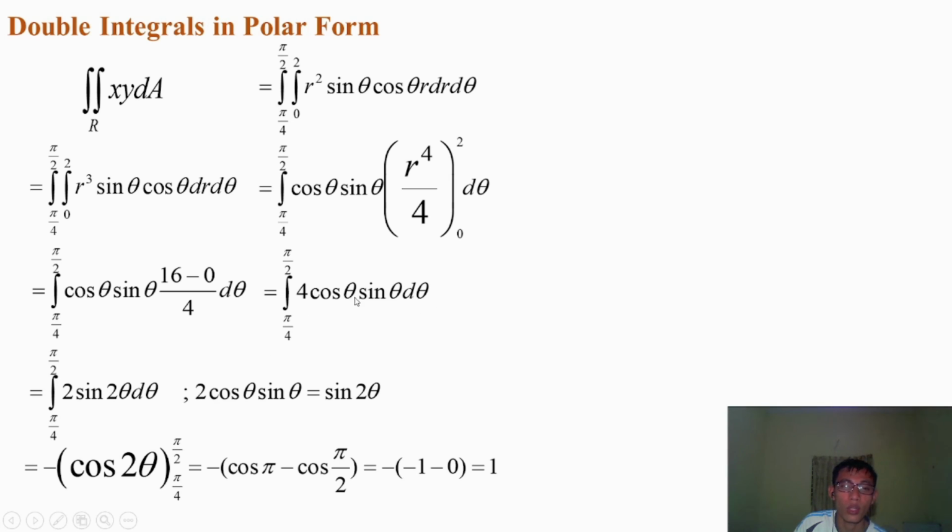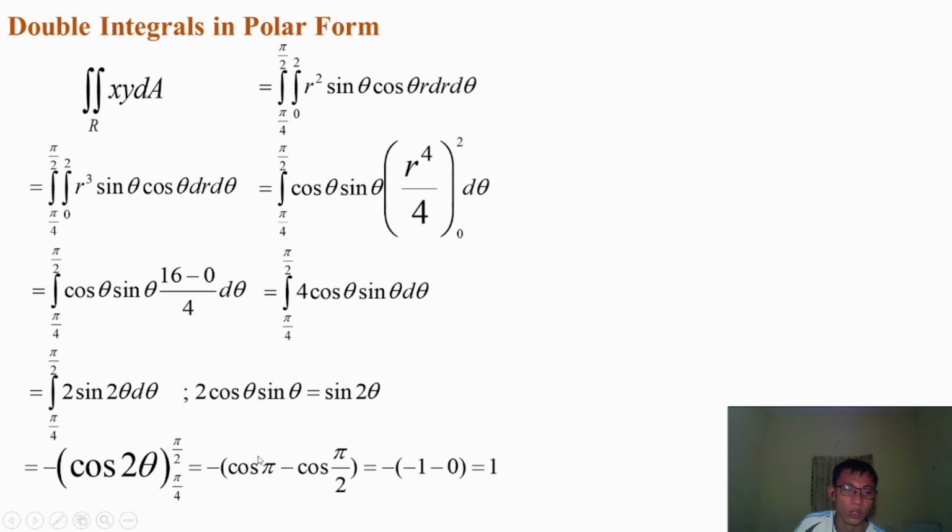And this one is going to be 2 sine 2 theta, because 2 sine theta cosine theta is equal to sine 2 theta. Then just evaluate this integral, and we get negative cosine of 2 theta defined from pi over 4 to pi over 2.